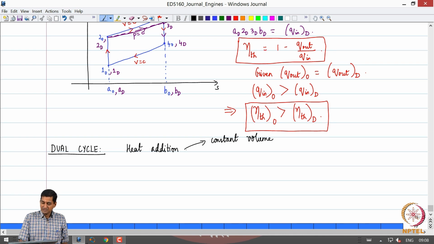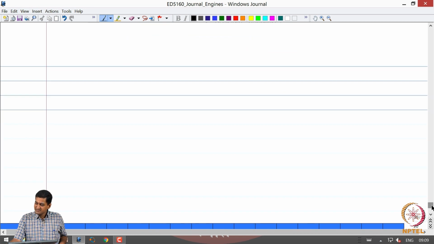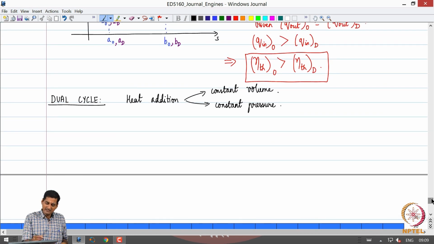The first one is at constant volume, the second one is at constant pressure. Of course, we are making all these approximations so that we can derive analytical expressions which are simple enough to do a pen and paper analysis. So, that is the motivation.